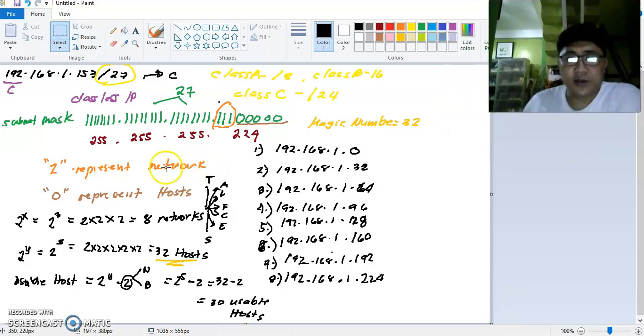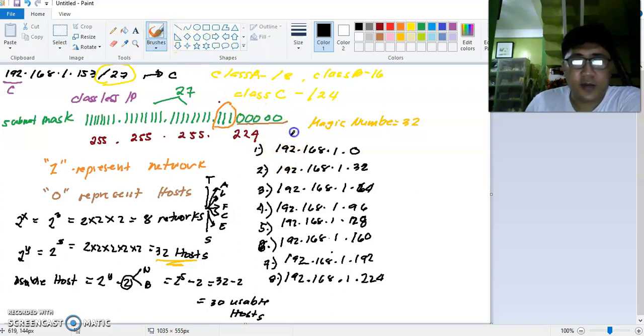If this is your network, then this is your broadcast. So the last one before the next network, 192.168.1, before 32, that is 31. So that is your broadcast, and so on.